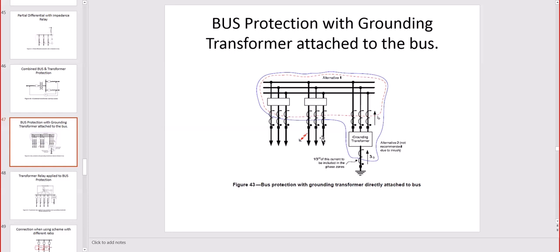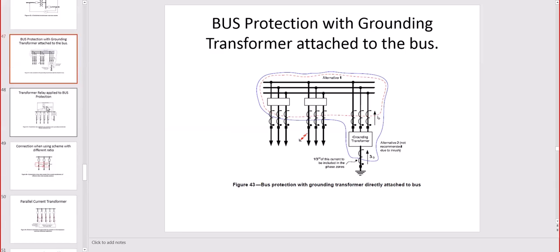For this one, we simply sense the direction of the 3I0 compared to the direction of the main current in the other feeders, and if it changes 180 degrees, and even in amplitude, it will trigger the relay to trip. So that's 87 with a grounding transformer.